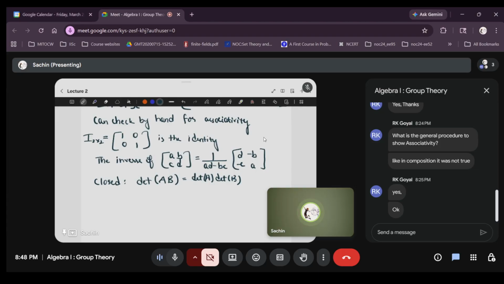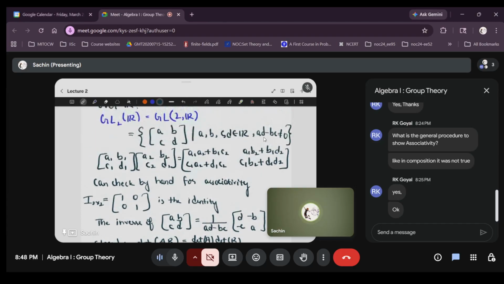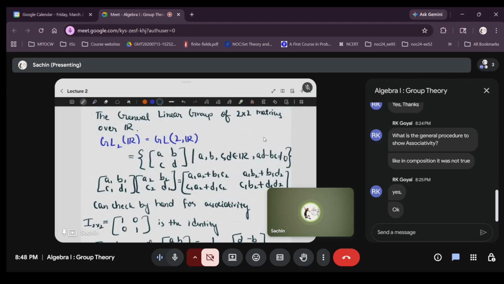So since A and B both have non-zero determinants, AB also has a non-zero determinant. And since A and B are 2 by 2 matrices, AB is a 2 by 2 matrix. So it is also closed. Thus, this GL2 of R, or GL of 2 comma R, is a group.